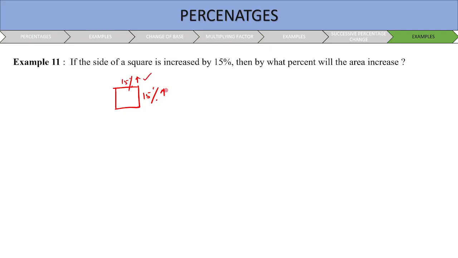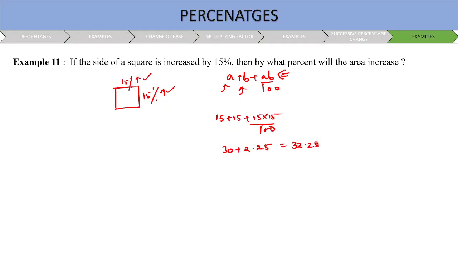Why am I considering two increases? Because in my formula we have a plus b plus ab by 100. So we have to talk about successive percentage change, meaning I need two values, and whenever there is a square, the sides are the same. So if there is a percentage increase in one side, there is a percentage increase in the other side also, which is 15 plus 15 plus 15 into 15 by 100, which is 30 plus 2.25.